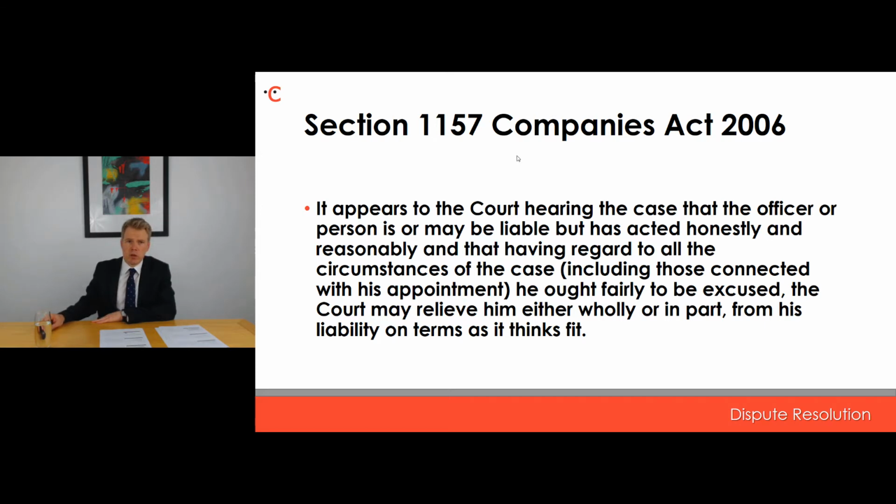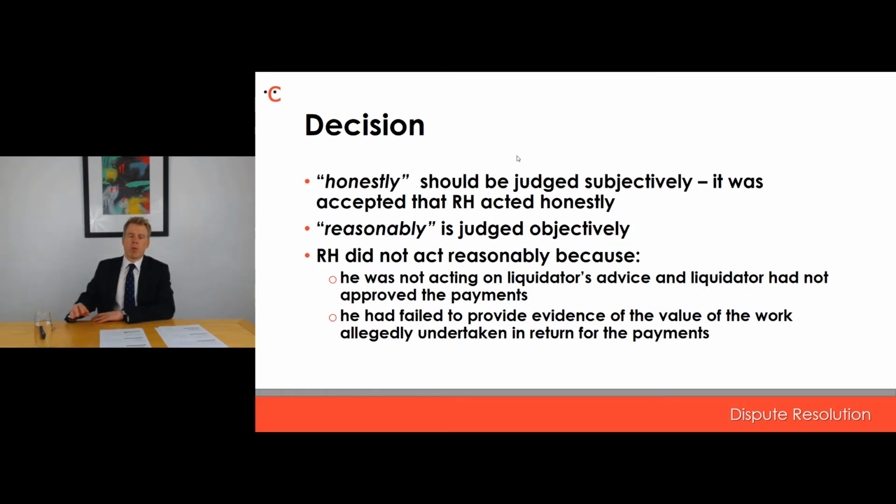So could Mr. Hunt have the benefit of this? Well, the court decided that the test of honestly should be judged subjectively. And in the circumstances, Mr. Hunt did act honestly. He did the work to allow the business to continue running the courses, which ultimately reduced the value of the claims. So he wasn't lining his own pocket.